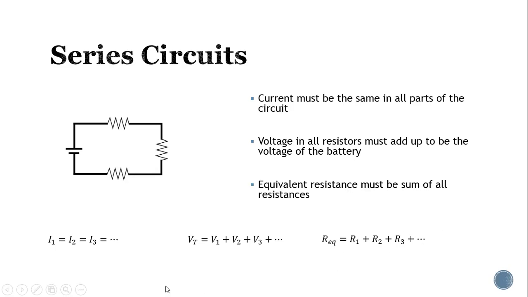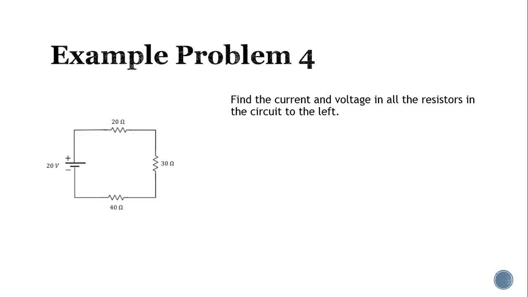And you can actually show this is true by using Ohm's law. If V equals IR, so V total equals I R total equals I1 R1 plus I2 R2 plus I3 R3, and I1, I2, I3 are all the same, then R_eq must be R1 plus R2 plus R3, and so on. So let's do a quick example problem.